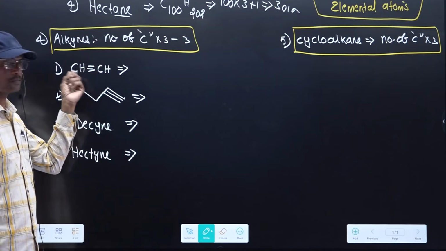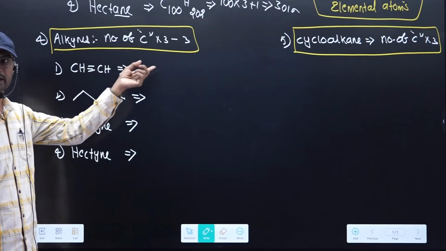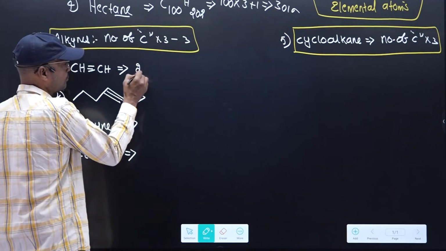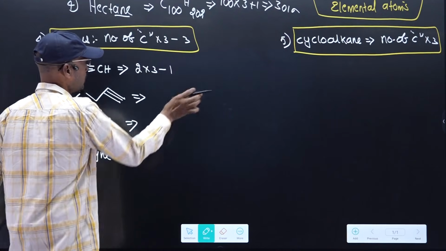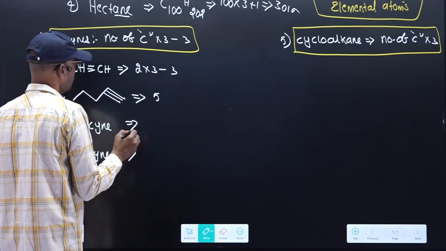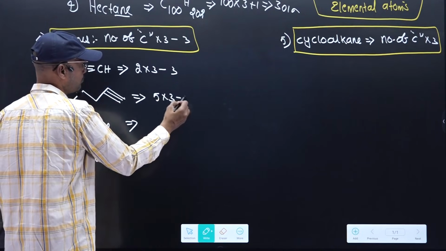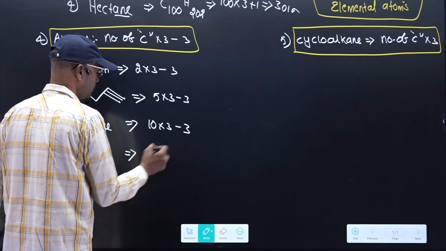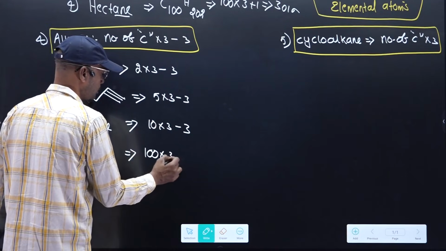How many carbons? 2 into 3, 6. 6 minus 3, 3 sigma. Right or not? 2 into 3 minus 3. Here, 5 into 3 minus 3. Decyne, 10 into 3 minus 3. And here 100 into 3 minus 3.